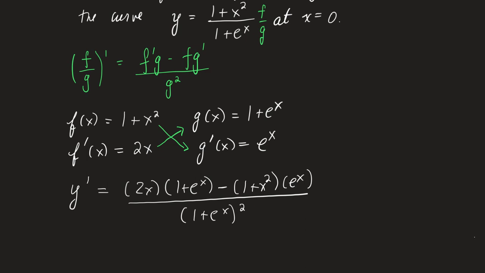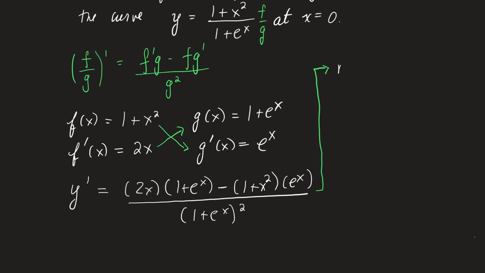Now, I'm asked to find an equation of the tangent line to the curve at x equals 0. So if I evaluate the derivative at x equals 0, that will give me my slope. So I'm going to go ahead and do that.